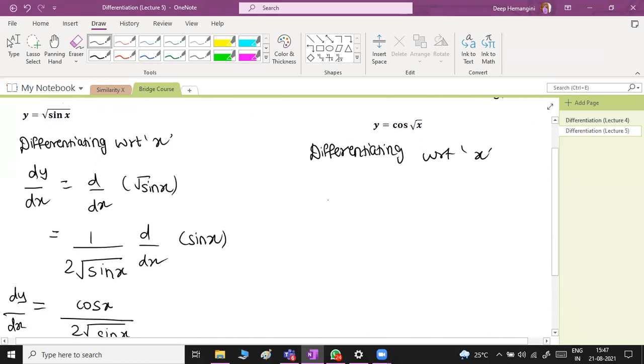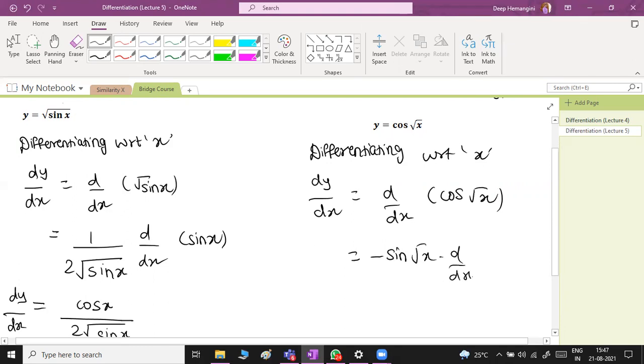Okay. So basically first of all here it will be dy by dx is equal to derivative of cos root x. So here it is going to be, first of all you need to find the derivative of cos. See, cos and in place of x, what is given to me, root x. So basically the derivative of cos is minus sin, root x will remain as it is.